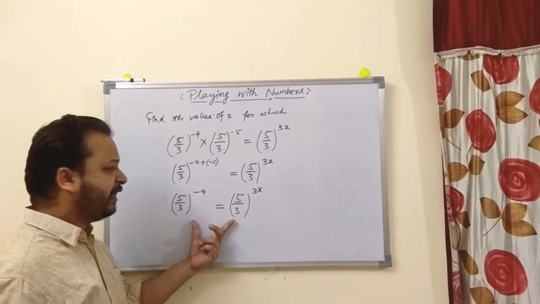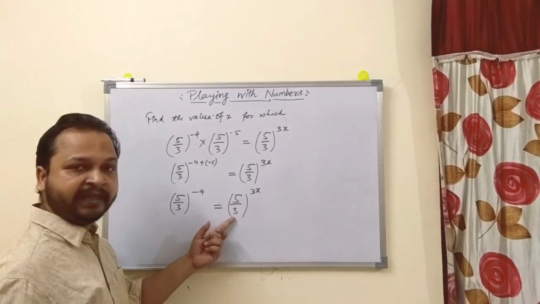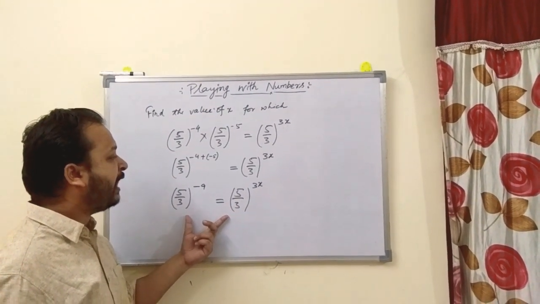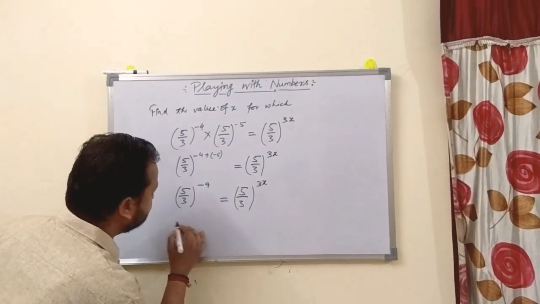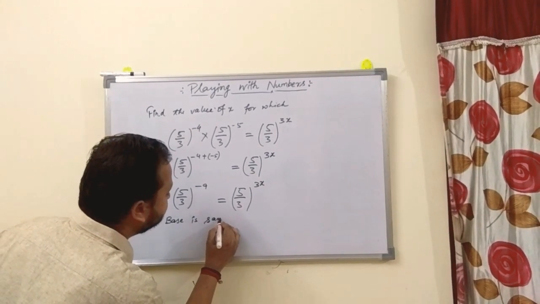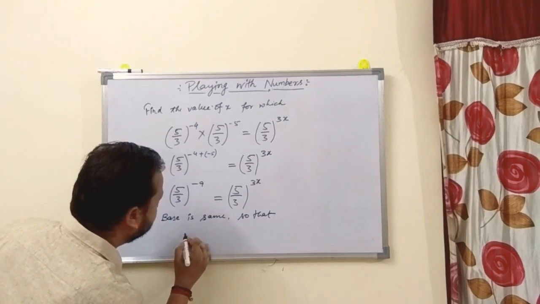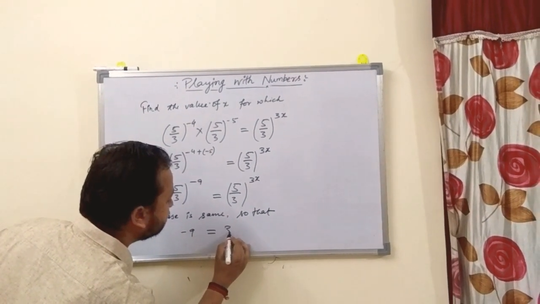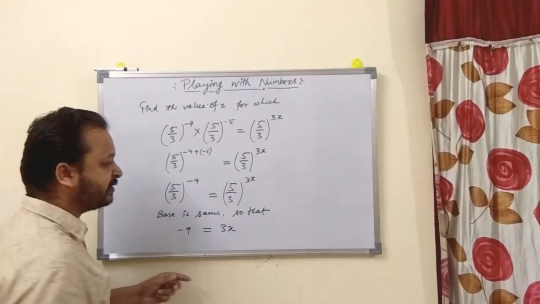In both sides, left hand side and right hand side, the base is same, so you can equalize the powers. So you can write it as, base is same, so that -9 equals 3x, right? So that you have equalized the power.